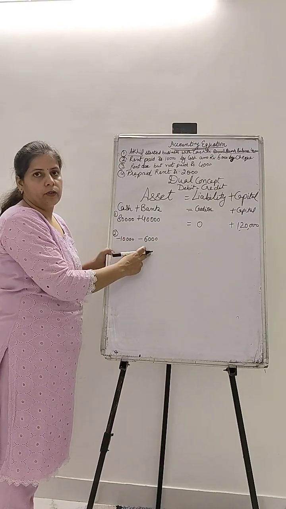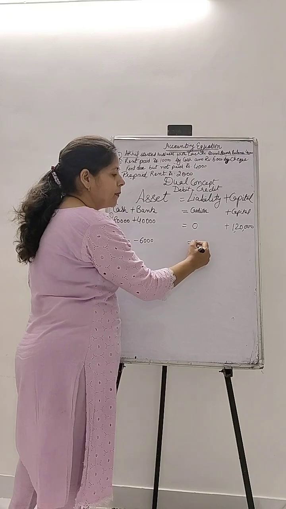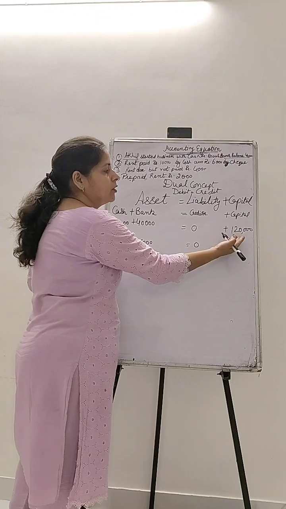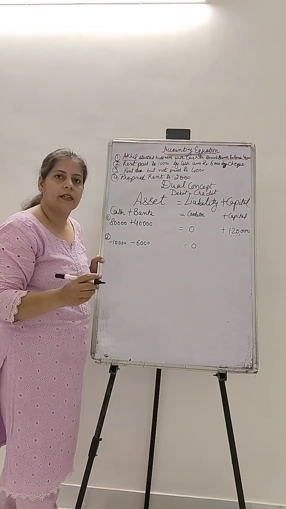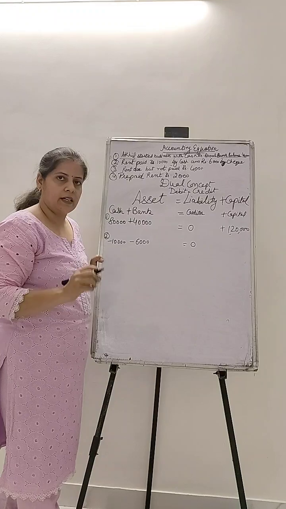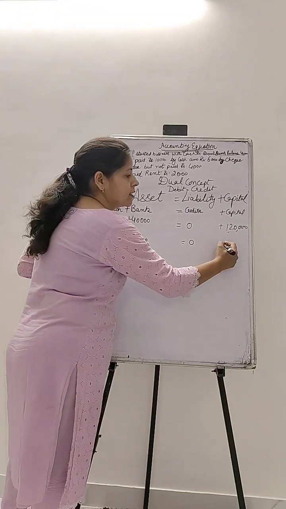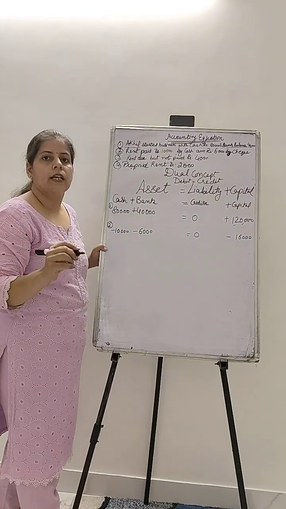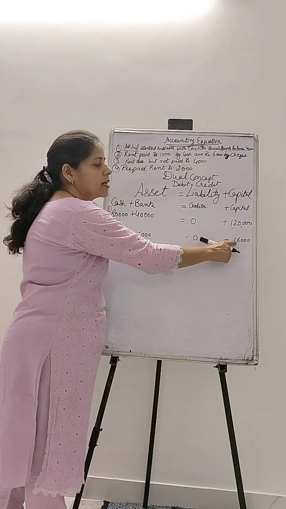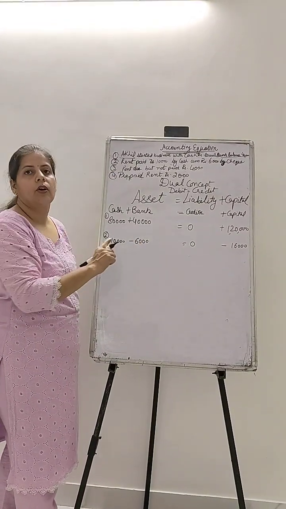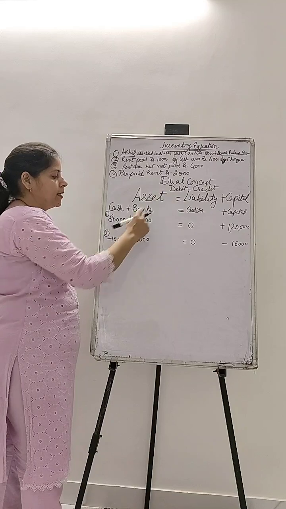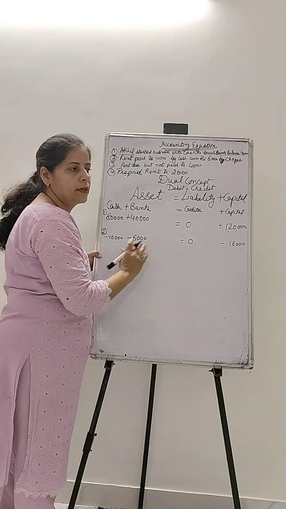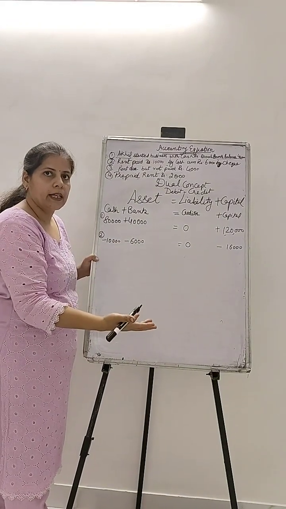The total amount of rupees 16,000 is not paid to any of the creditors. Rather, 16,000 is leading to reduction in the value of capital. Whatever the owner has invested in the business, whenever there is an expense, that reduces the capital of the owner in the business. So capital of the owner is deducted with the full amount of 16,000. Now see, on the debit we have deducted total 16, on the credit also total 16. So debit and credit are again equating.